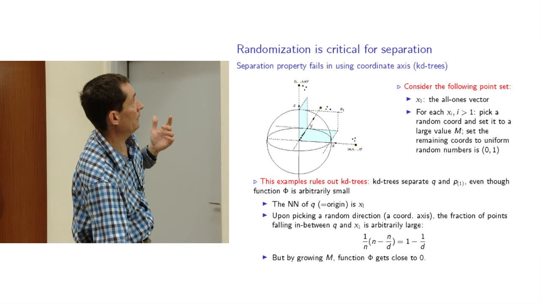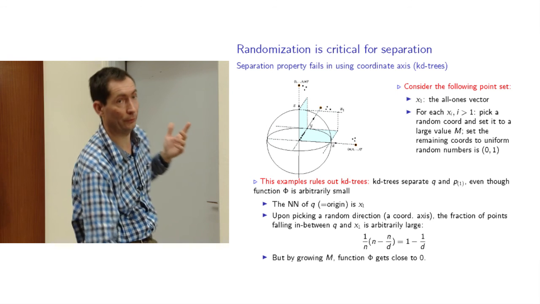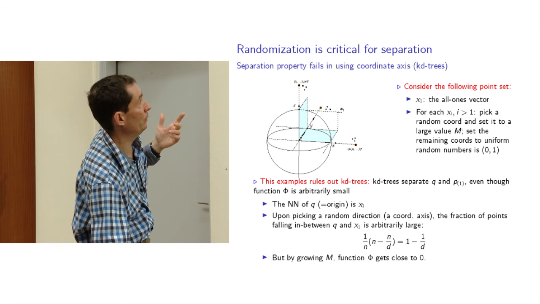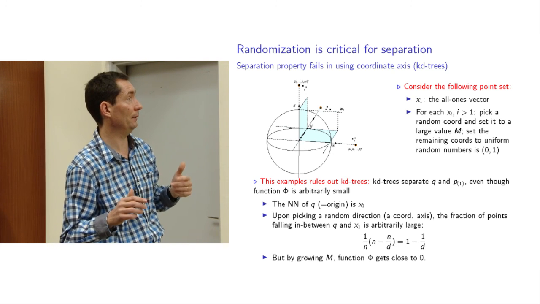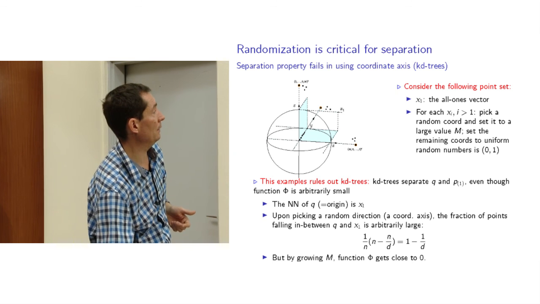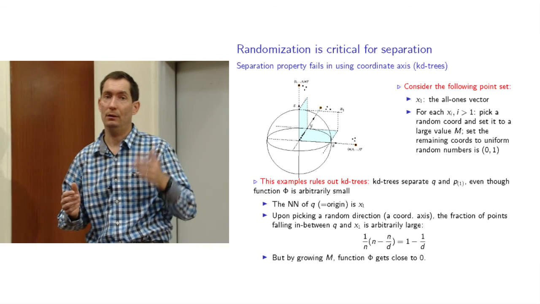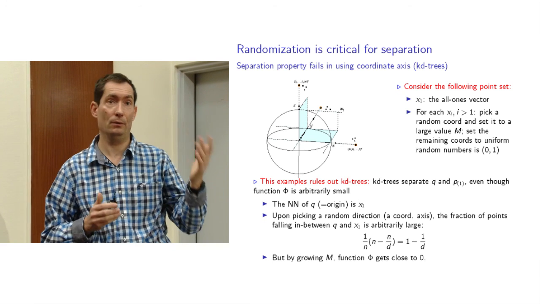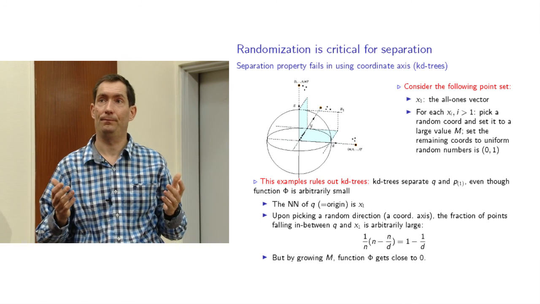It is this quantity, which is square root of 3 here, divided by the distance between q and all the remaining xi's, and these are large numbers because I can make them as large as I wish by growing m. And so as you can see here, a Kd-tree on such a point set would fail to separate the points, even though I am dealing with an easy data set.